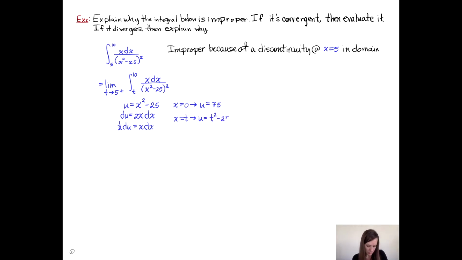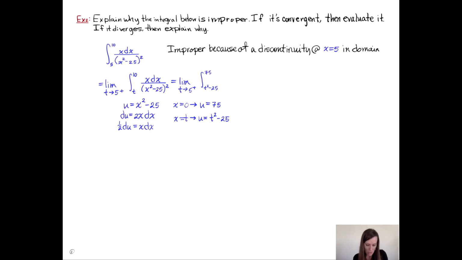Okay, so writing our limit now in terms of u, we have the limit as t approaches 5 from the right of the integral from t squared minus 25 up to 75.